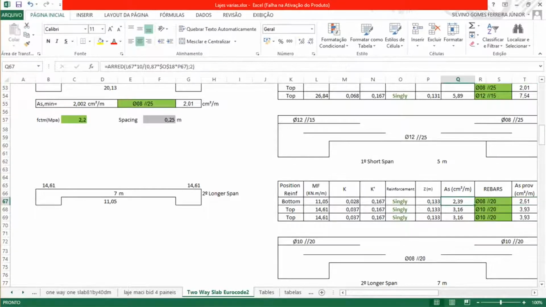That is already complying with the main reinforcement. This main reinforcement is okay for the minimum that we calculated. So we use a diameter of 8 spaced by 20. On the top of the left is 14.61. So the main reinforcement was 3.16.